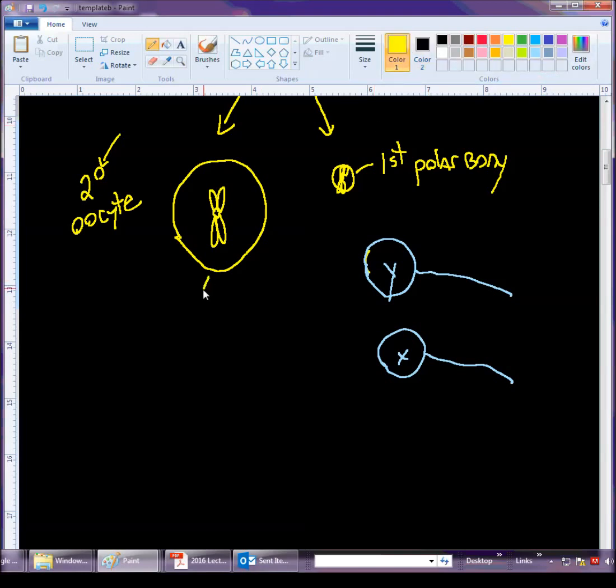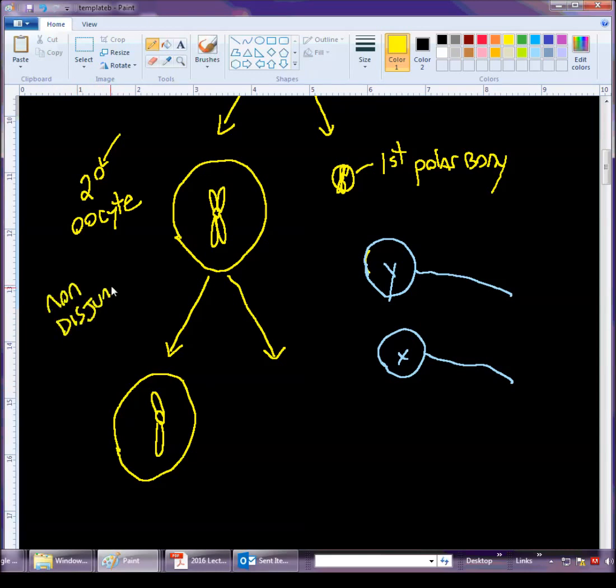And let's just look at what happens when this goes through a normal meiosis. If this secondary oocyte underwent normal meiosis, no non-disjunction, and non-disjunction means the chromatids or chromosomes failed to separate during either meiosis 1 or meiosis 2. It doesn't mean all the chromosomes; it usually refers to one chromosome.